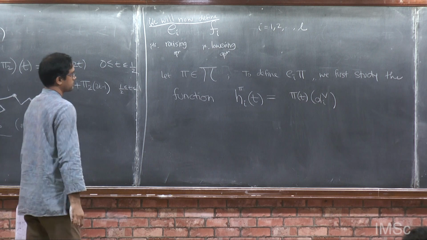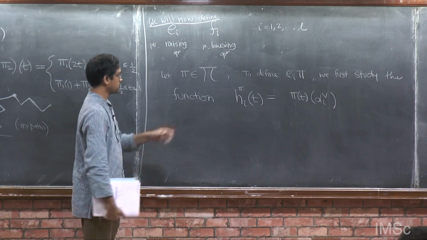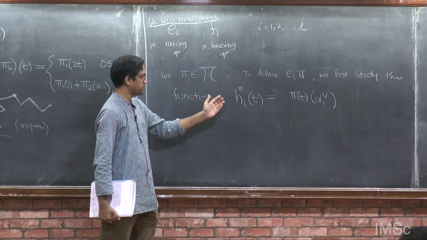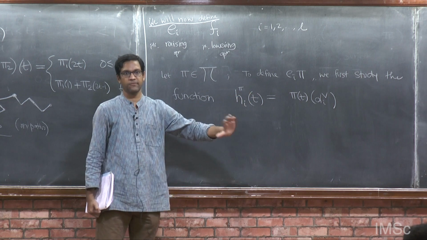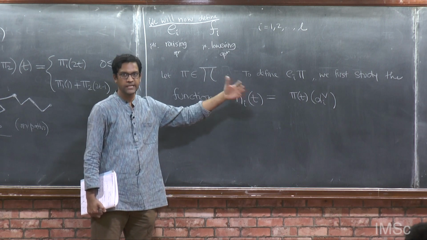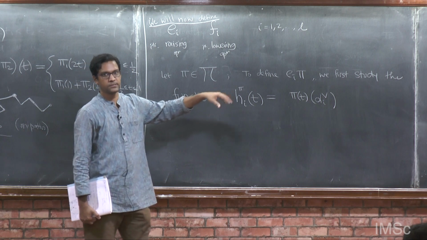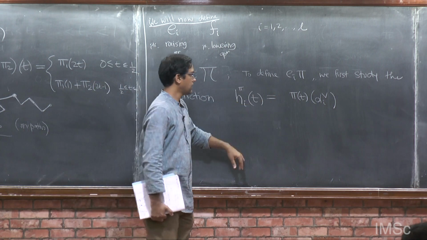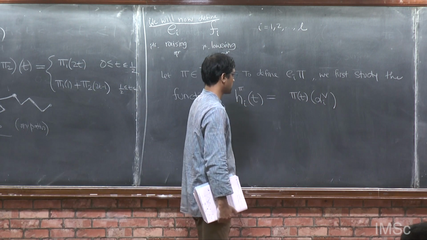First the E_i. So let's define E_i. Like I said, to define E_i, in fact also to define F_i, this function is an auxiliary function. We first need to study the behavior of this function, and the E_i's and F_i's will be defined based on the behavior of this function in some sense.